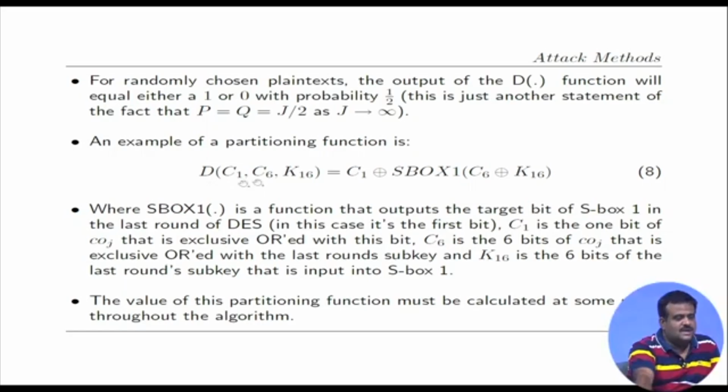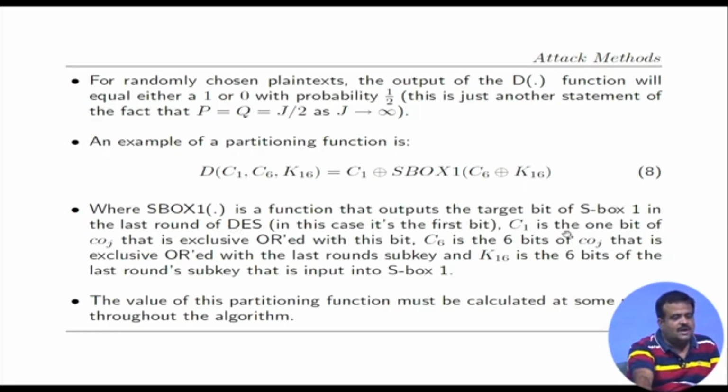This is D(Ci, Ck), and this is the last round key K16, equal to C1 XOR S-box 1, where the input of the S-box is C6 XOR K16. This is the function coming from DES, where the S-box is the function that outputs the target bit of S-box 1 in the last round of DES.